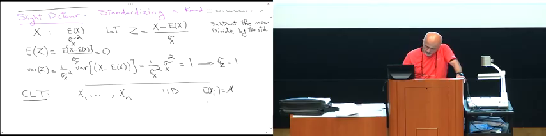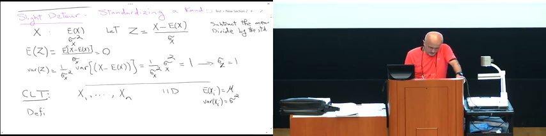They have mean mu and variance sigma squared. And we're going to assume that mu and sigma squared are finite.